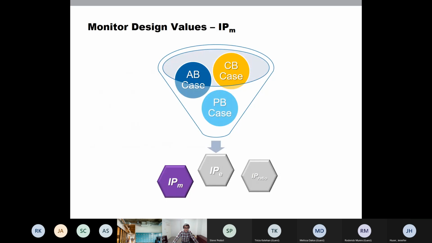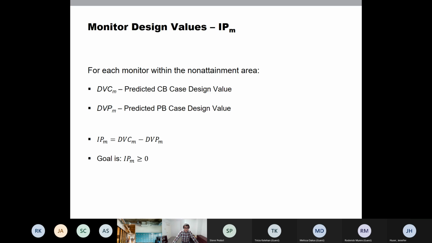So let's talk about the second metric, IPM, which is the monitor design value. In the model, you will also be able to find the grids that contain monitors, typically surrounded by a 3x3.